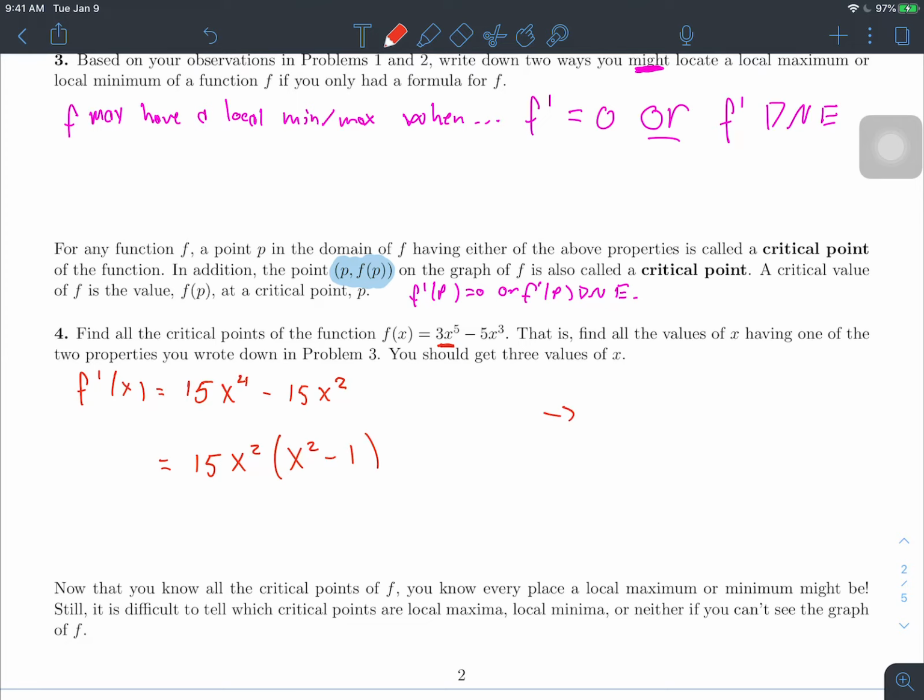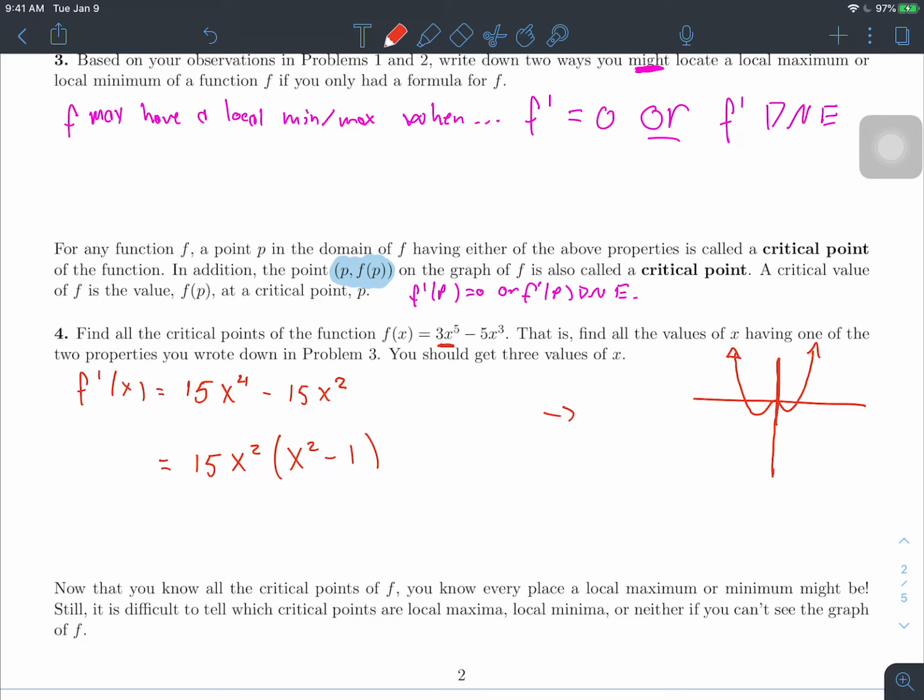So if we were to graph this thing, what would it look like? I think it's going to look something like this, maybe. Some kind of quartic function.